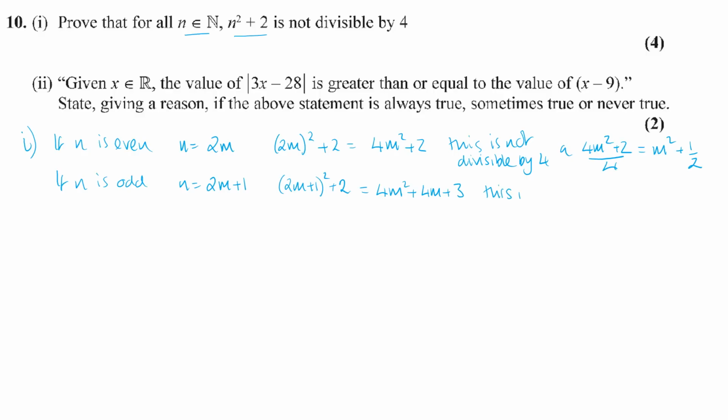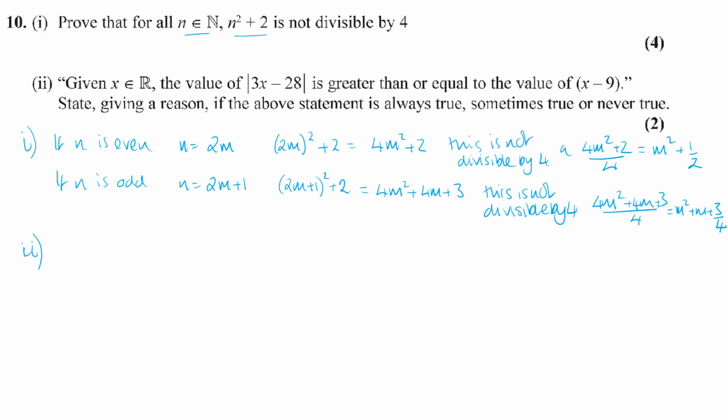This is not divisible by 4 because we're going to get 4m squared plus 4m plus 3 all over 4, which is equal to m squared plus m plus 3/4. So again, that 3/4 means that it's not divisible by 4. So that's part 1 done.